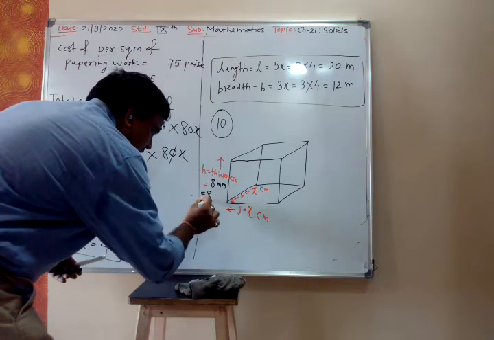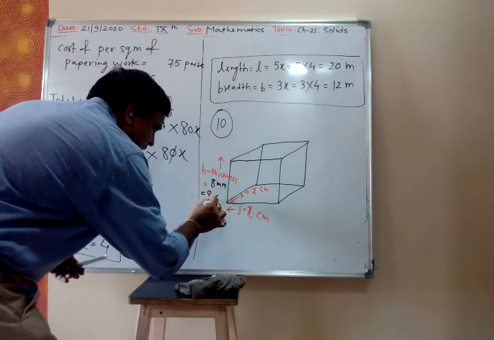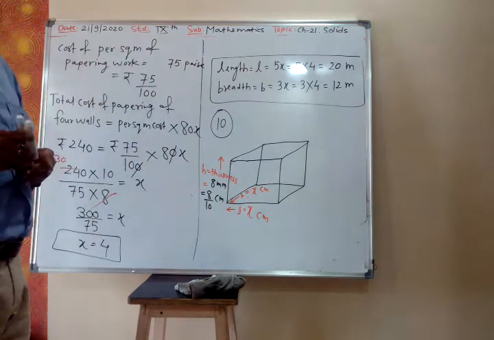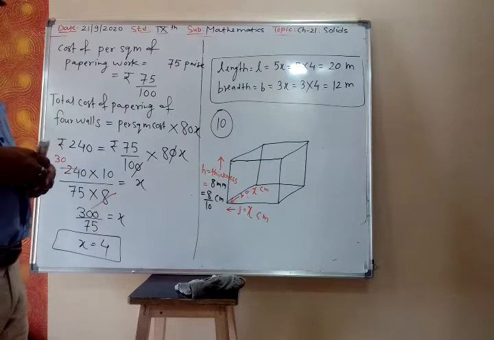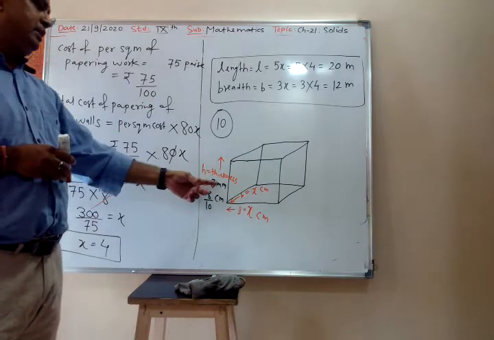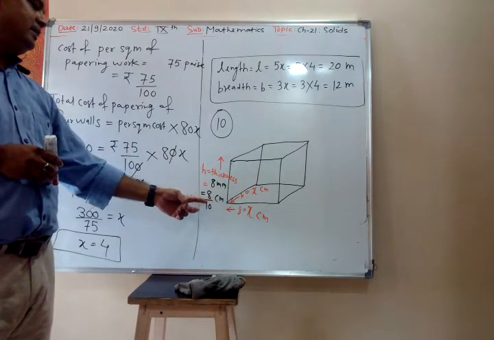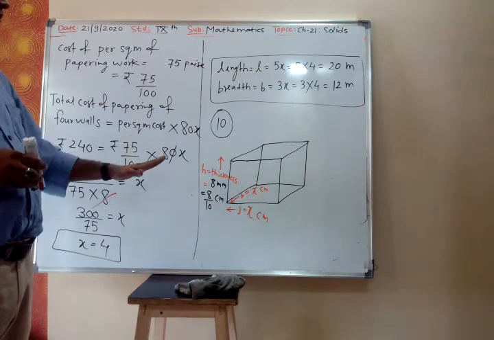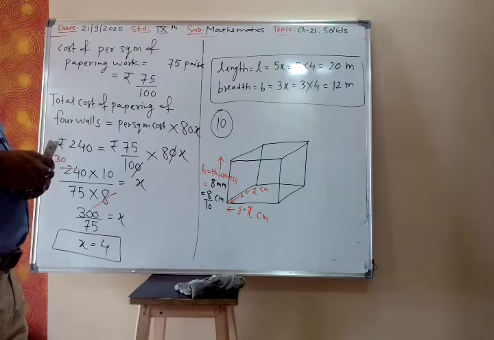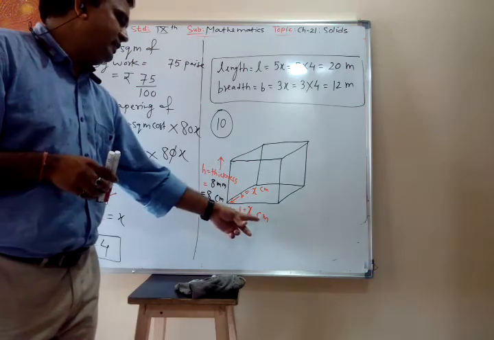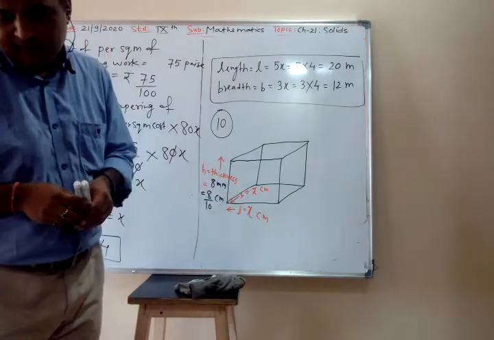So 8 upon 10 centimeter. So height is 8 upon 10 centimeter. Length is x centimeter, breadth is x centimeter.